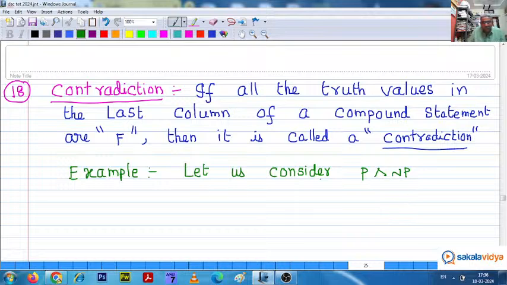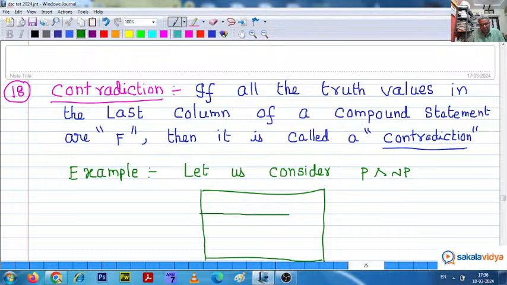So now let us write its table. Try to write the table. Now P, negation P, P and negation P. Suppose, for example, this is true, obviously negation is false.